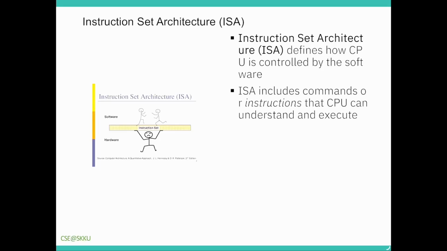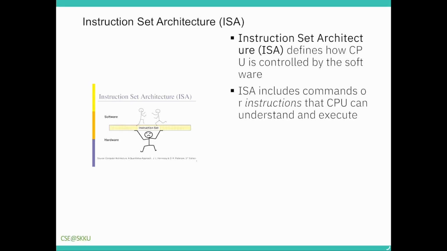So an ISA defines how CPU is controlled by the software. So ISA is basically a protocol between the machine code, your program, and the CPU. So there are a predefined set of commands that can be given out to the CPU to perform certain actions.